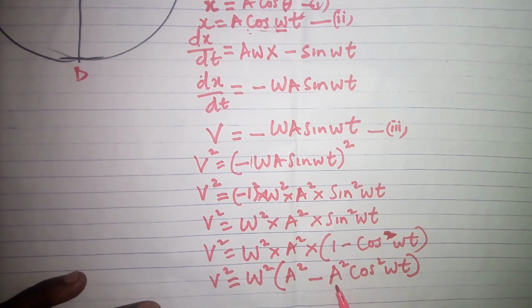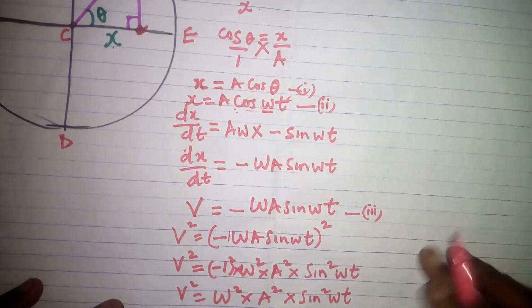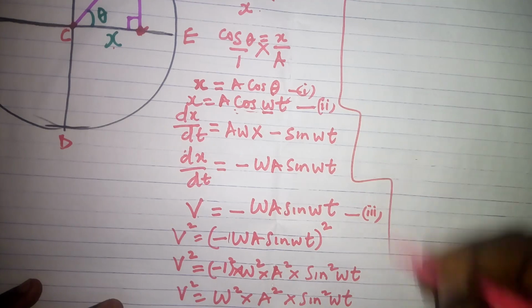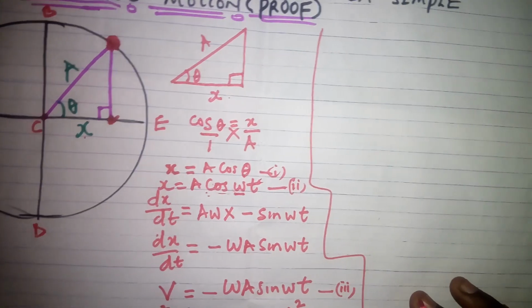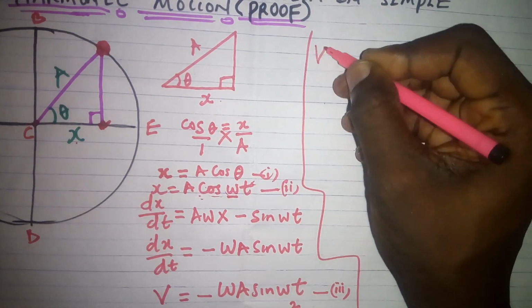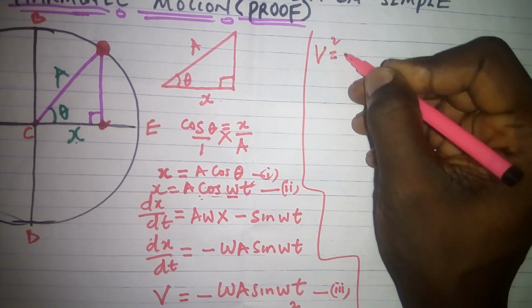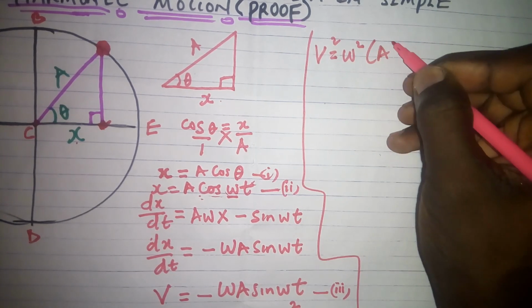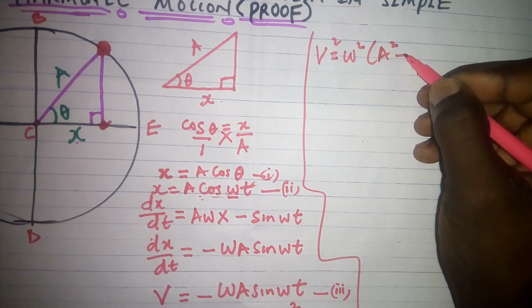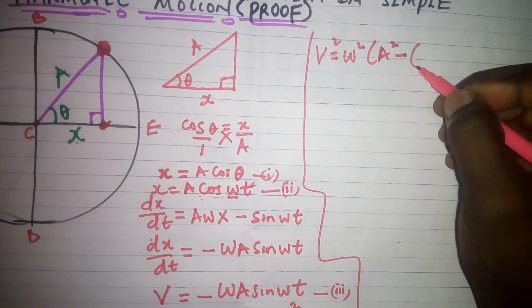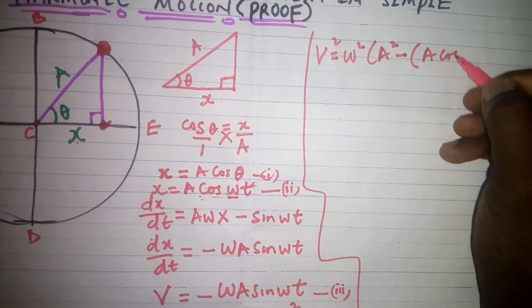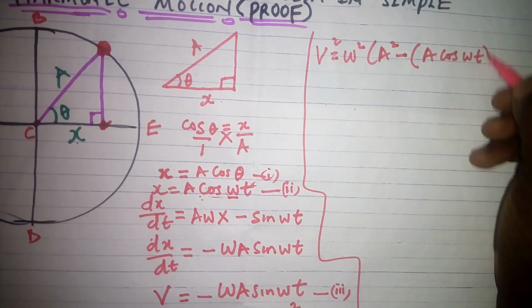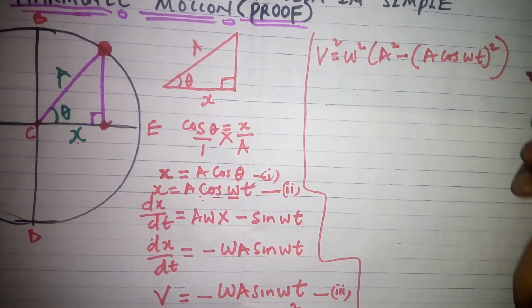And of course a squared cos squared omega t can be written as, let me write everything in full, v squared equals omega squared bracket a squared minus everything a cos omega t all squared, then the overall bracket.